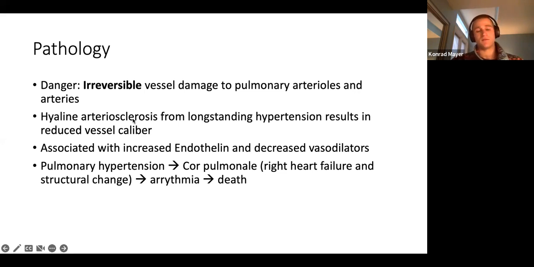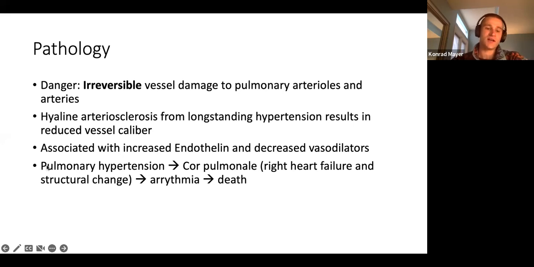And in many cases, and this is more relevant for the group 1 pulmonary hypertension, so the idiopathic young female patient who has pulmonary hypertension, they show increased endothelin and decreased vasodilators. And this is important because pharmacological therapy can address the increased endothelin.